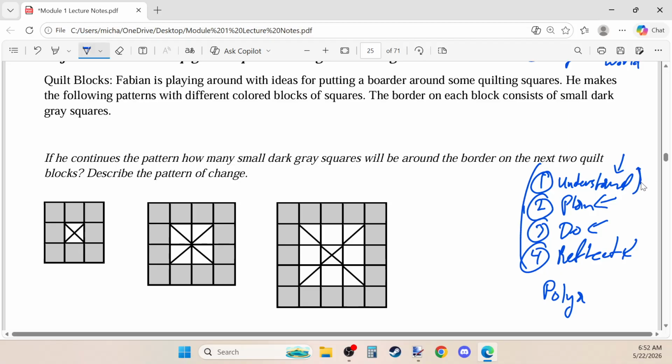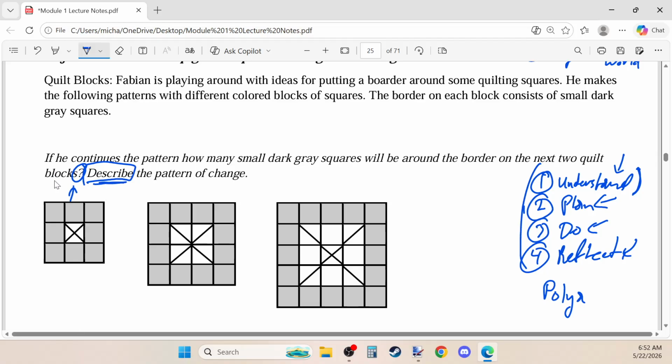So, to understand, when we're doing these math problems, the things we're looking for are questions and commands. So we have a question mark here. That's something we have to answer. And we have a command. That's something we have to do.